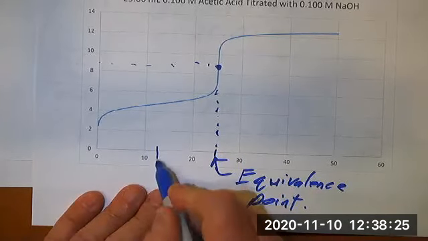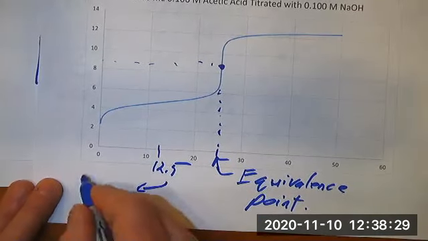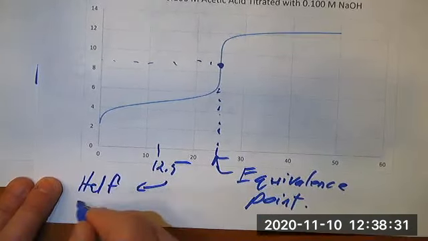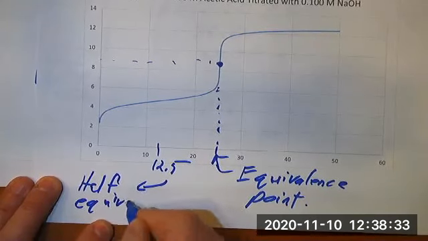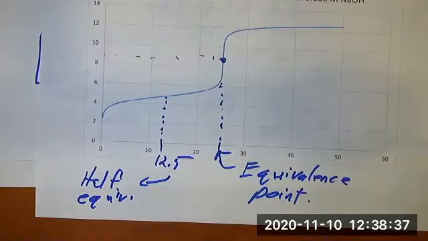Here at 12.5 is the half equivalence point. And that corresponds to the point where you have an equal amount of the acid and its conjugate base in solution, which means that you are squarely in the middle of the buffer region.